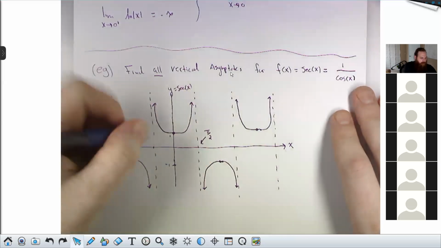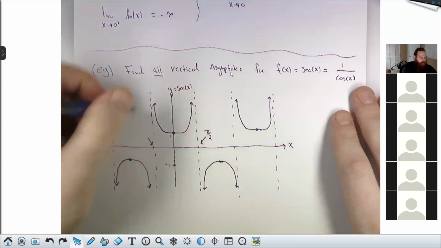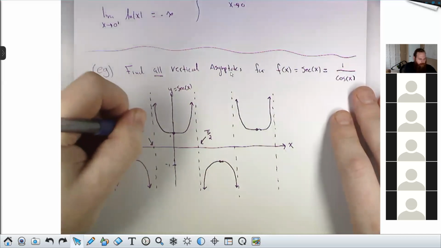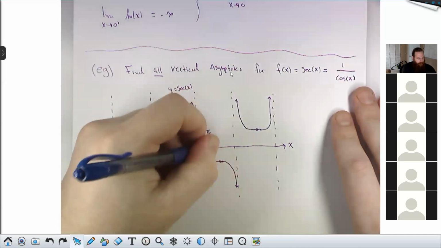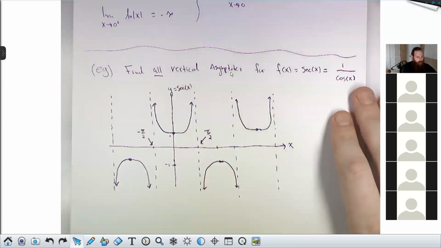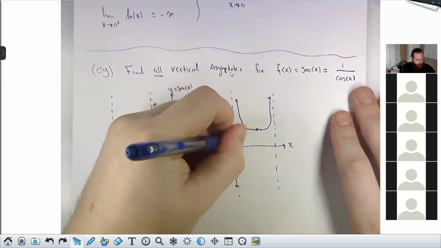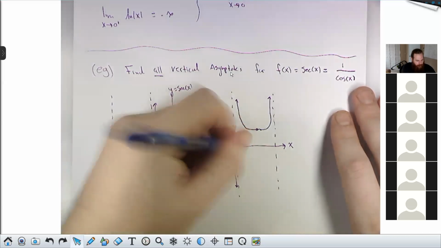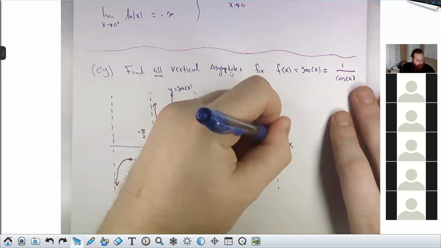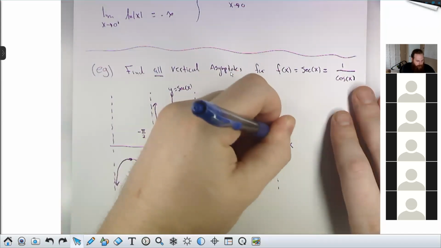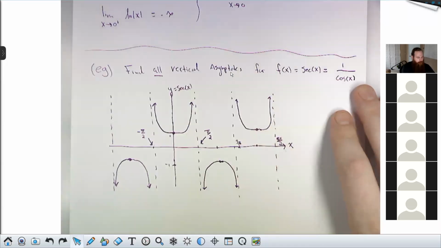And because cosine is an even function, you know that this must be -pi over 2. This right here is pi. This is 3 pi over 2. This right here is 2 pi, and this is 5 pi over 2.